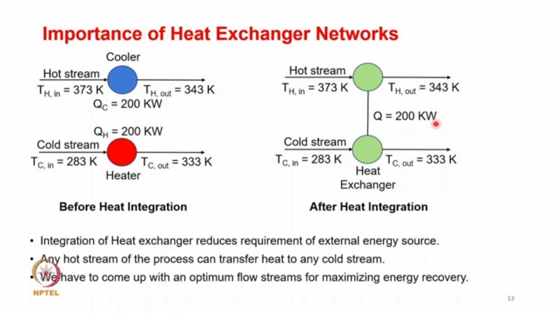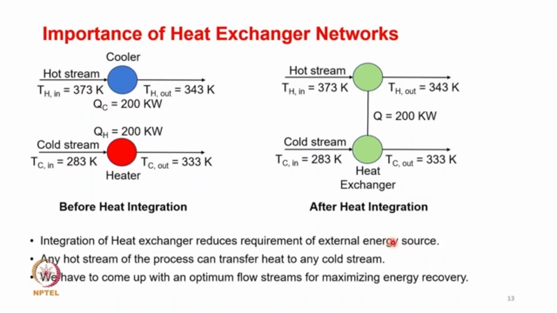The outlet of the hot stream would be lower, because you transfer the heat from the hot stream to the cold stream, and it would be 343 as expected. This would eventually result in an increase of the cold stream temperature. So with this integration, what are we trying to achieve? The integration of heat exchangers eventually reduces the need for an external energy resource.